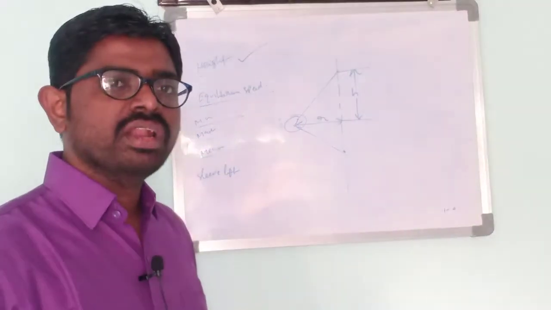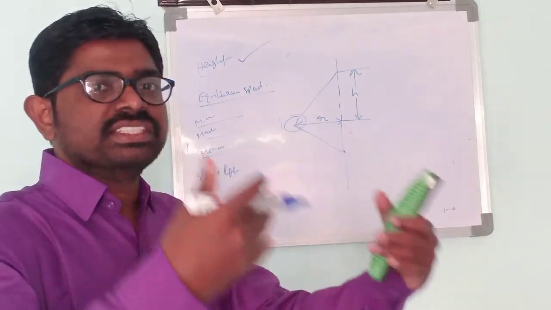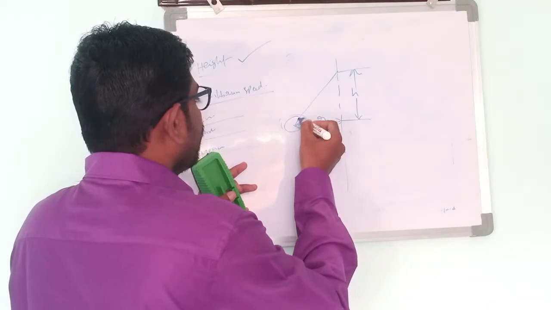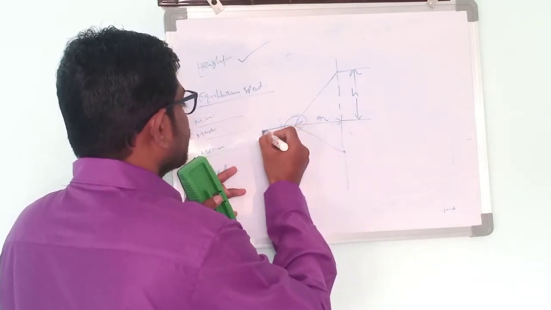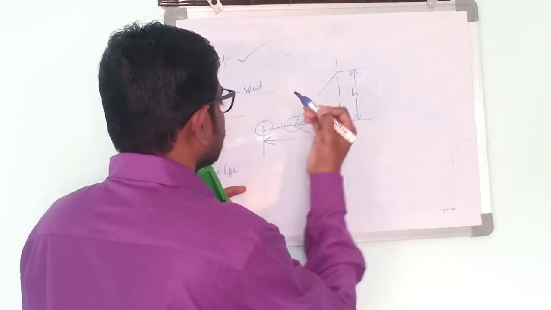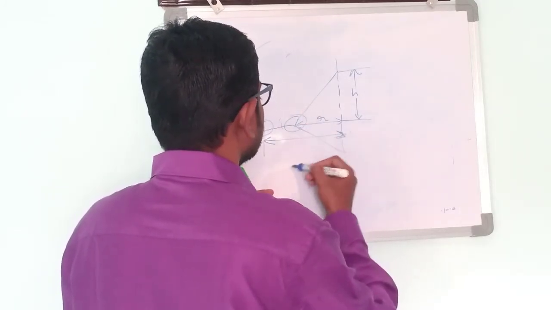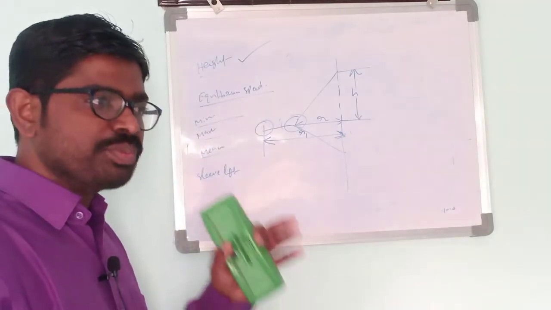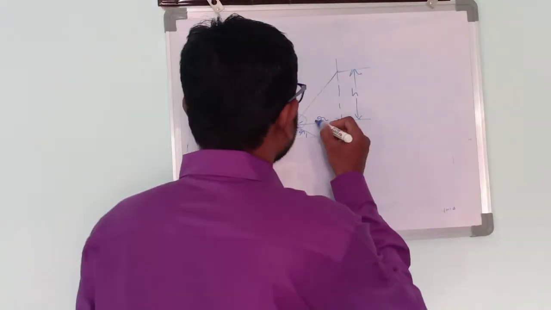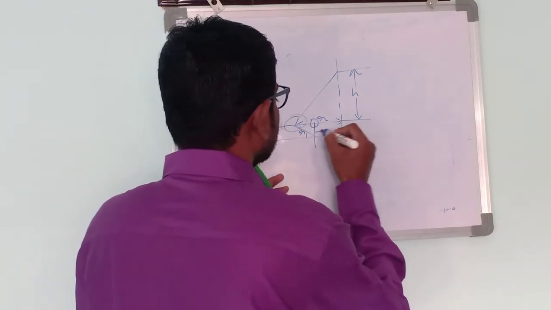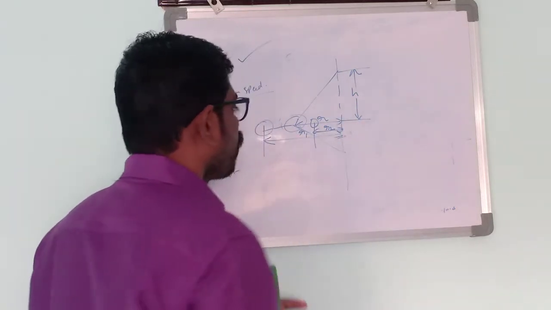Now, if the speed is increased, the balls move outward. For example, the ball is moving like this, and now we have another radius of rotation, assume this is r1. If the speed is decreased, the balls move inward, and from here to here, this is r2.